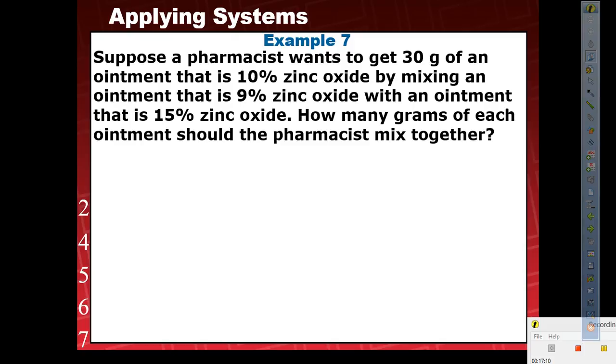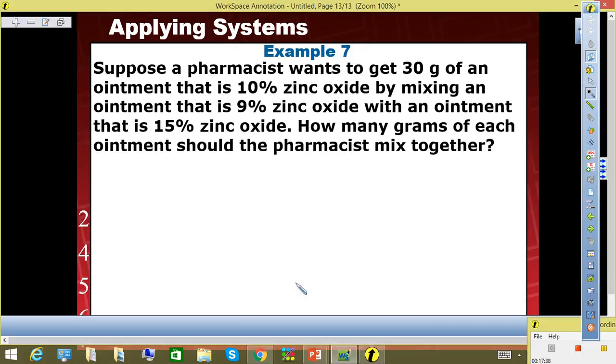How many grams of each ointment should the pharmacist mix together? So, I'm going to underline important stuff, and I want you to set up your table and see if you got it right. I'm going to give you some time to do that. Here we go. So, important information here, I see the percentages.